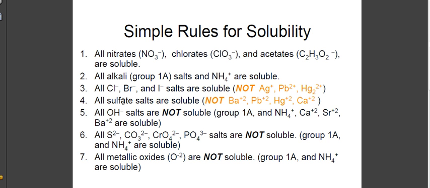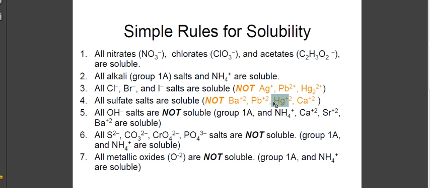I don't mean to be mean or offend anybody when I say this, but all sulfates are soluble except for cold beer and Pizza Hut. Okay? When I say cold beer, it's the first letter. Calcium, cold. Beer, barium. Pizza, lead. Hut, mercury. Okay? So all sulfates are soluble except with the cold beer and Pizza Hut.